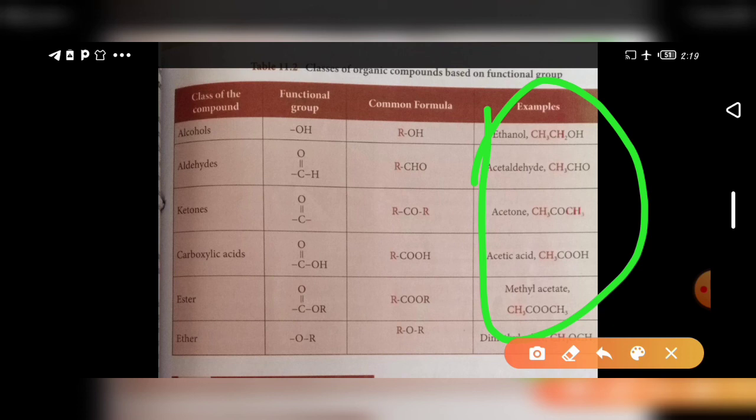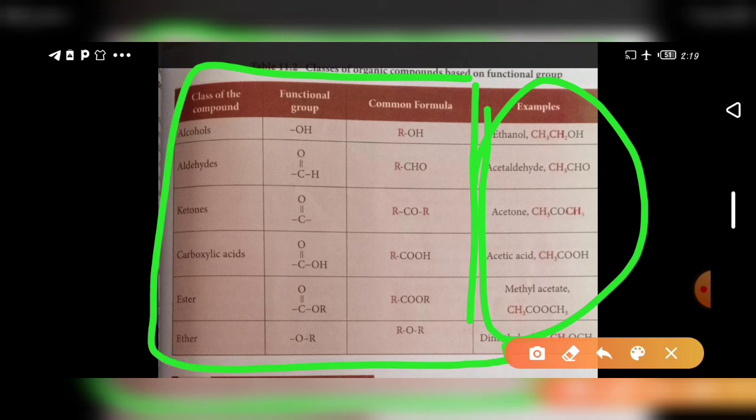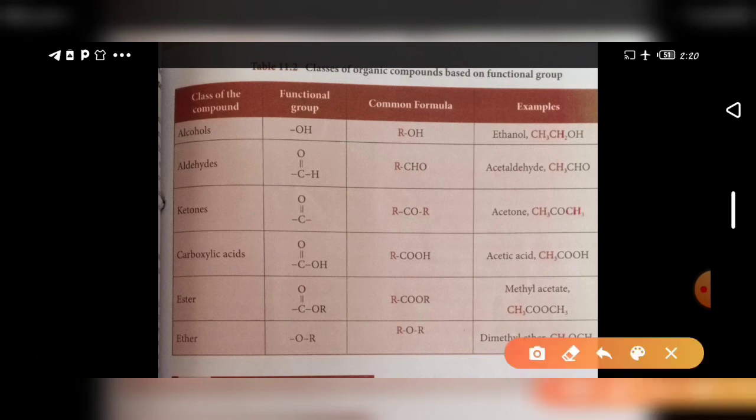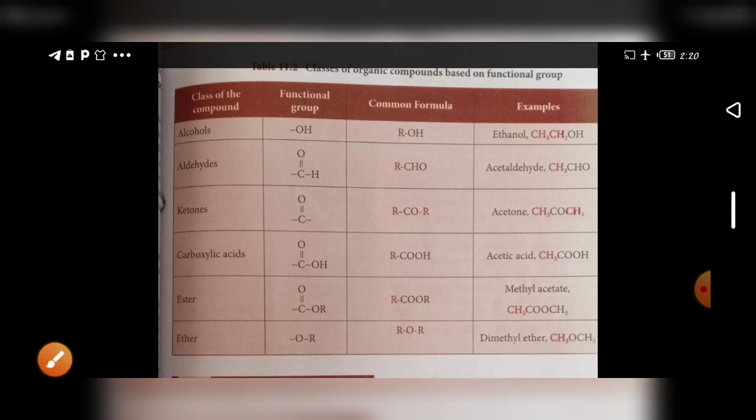Up to this point you have to know the general formula and the functional group. Alcohol is OH and the common formula is ROH. Here R denotes the alkyl group. It may be single carbon or double carbon or triple carbon, any number of carbons may be present.